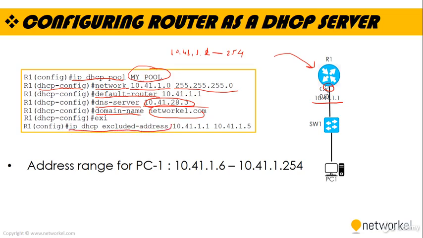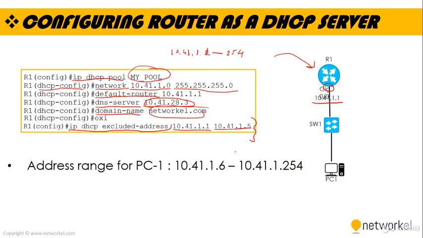ip dhcp excluded-address 1 to 5, which means I'm excluding this range. I won't use this range.